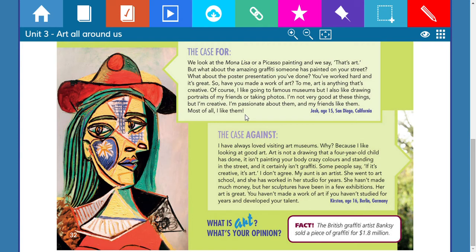To me, art is anything that's creative. Of course, I like going to famous museums, but I also like drawing portraits of my friends or taking pictures or photos. I'm not very good at these things, but I'm creative and I'm passionate about them, and my friends like them. Most of all, I like them.